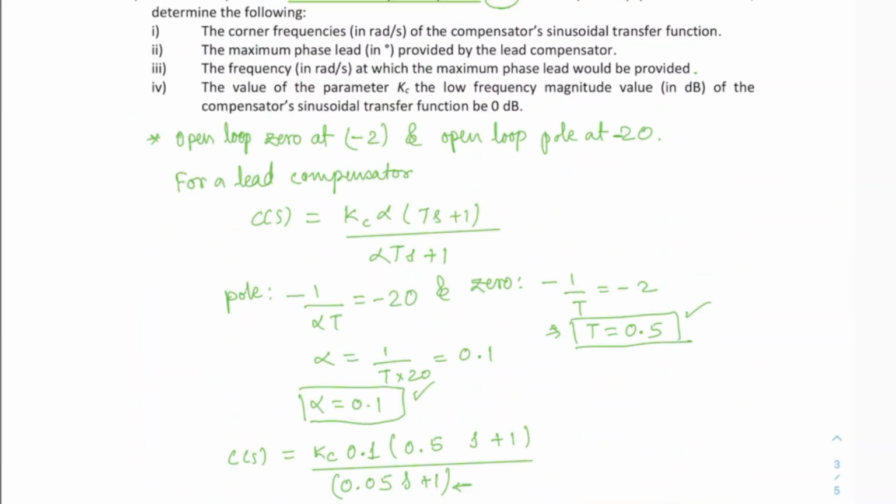Now in the fourth part, we have to find the value of parameter Kc so that the low frequency magnitude value in decibels of the compensator's sinusoidal transfer function turns out to be 0 decibels. So if it is 0 decibels, let's change the color.